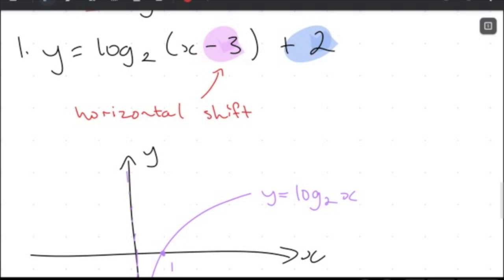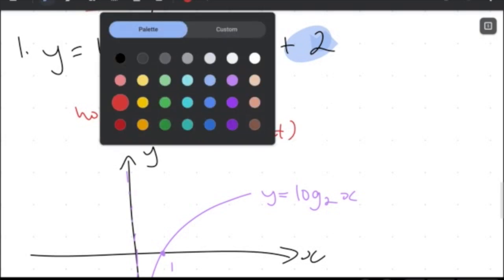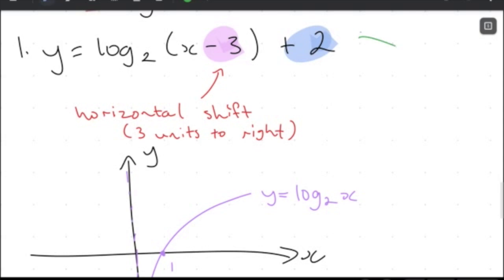So this is x minus 3, a horizontal shift 3 units to the right. And this part over here is our vertical shift, which shifts it 2 units up.